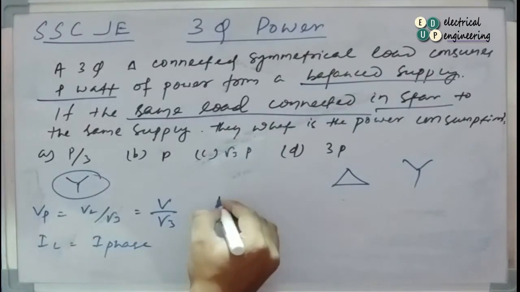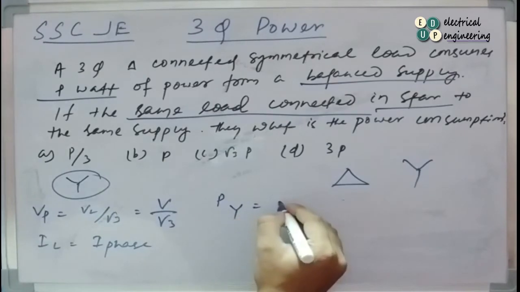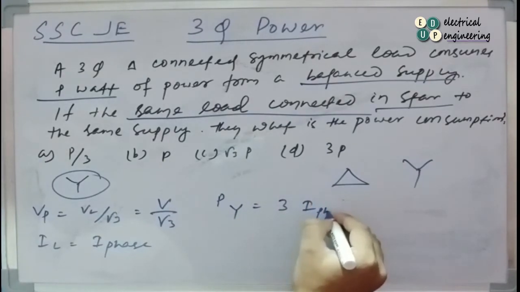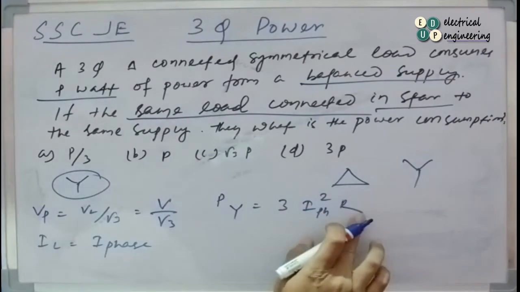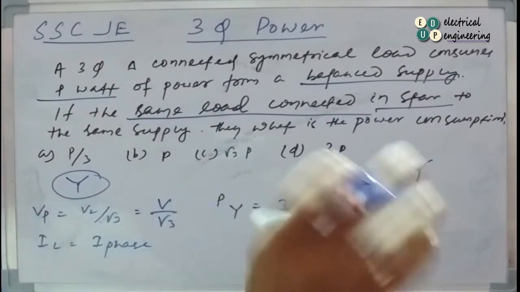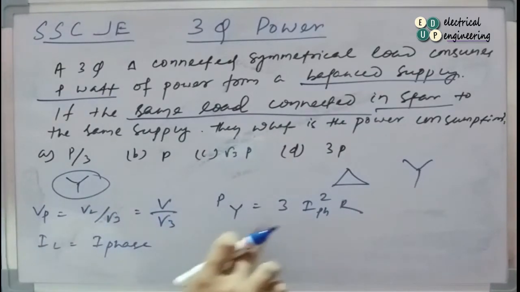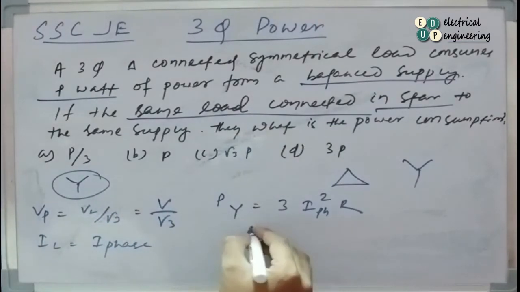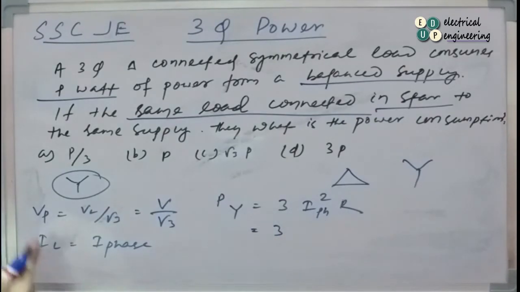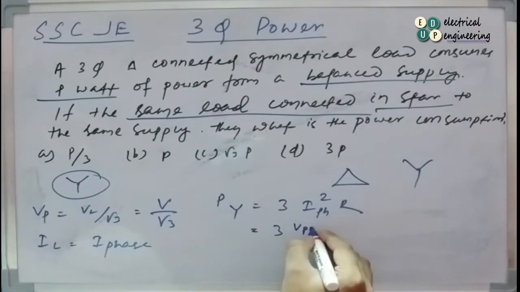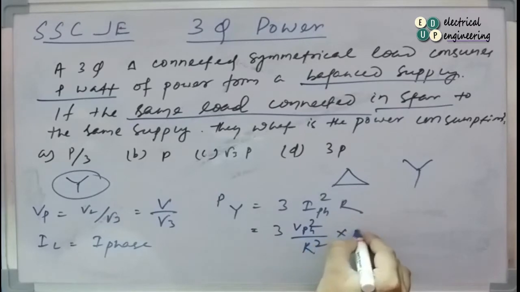Power in star is 3 I square R. I phase square R is the power per phase, and we have 3 phases, that's why 3 into I phase square R. So how much will it be? I phase is equal to V phase by R, so it will be 3 V phase square by R square into R. Okay, so R and 1 R will be cancelled out.